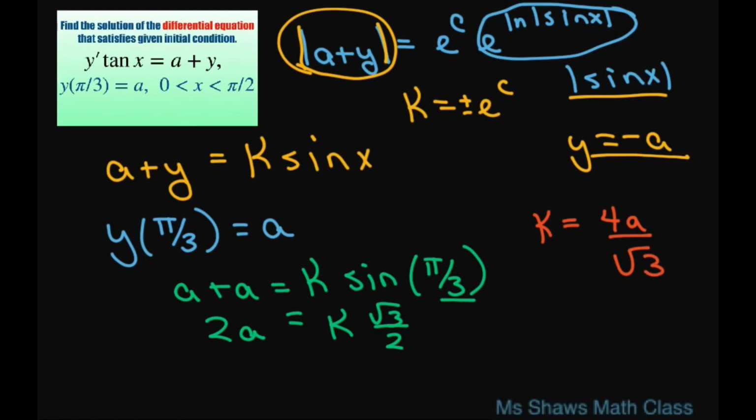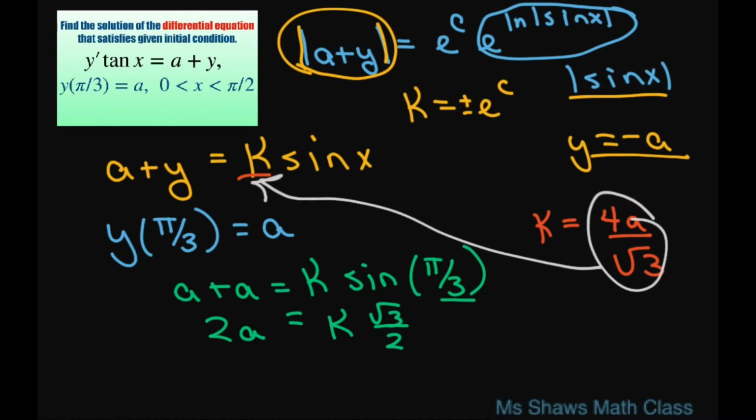So now let's write all this out. Now that we have our k, I'm just going to substitute this back into my k. So I'm going to get a plus y equals k, which is 4a divided by square root of 3 sine of x.